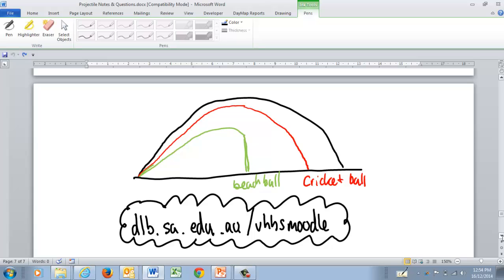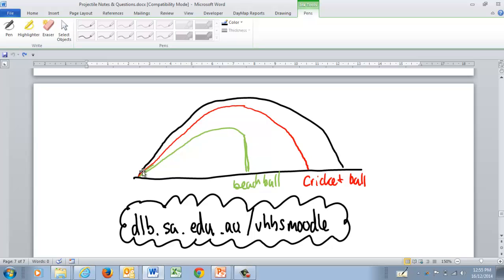So if we talk about the case of a cricket ball versus a normal projectile versus a beach ball, because a cricket ball has a fairly small surface area and it's quite massive, it's not affected as much by air resistance as, say, something like this might be, a shot put or something like that.